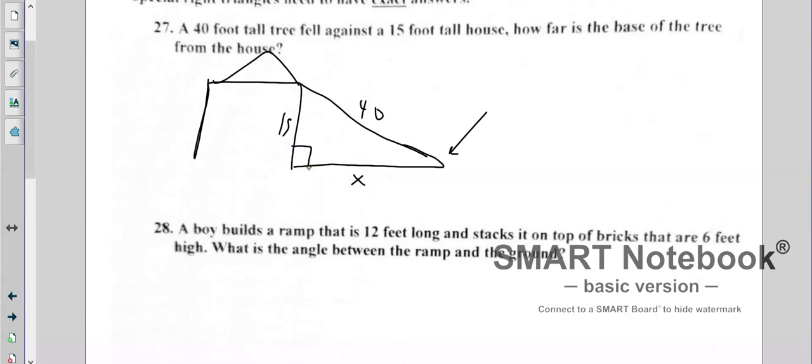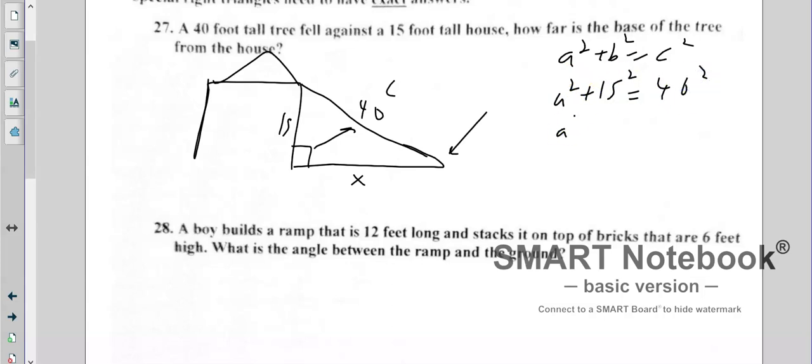90-degree angle, no 30, 60, 90, no 45, 45, 90. This is Pythagoras. So a squared plus b squared equals c squared. My hypotenuse, be careful, is 40. So a squared plus 15 squared equals 40 squared. A squared plus 225 equals 1600. Subtract 225, 1600 minus 200 is 1400, so that's 1375.